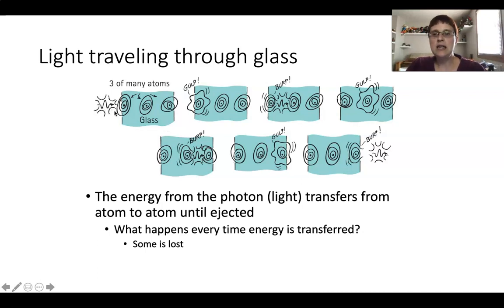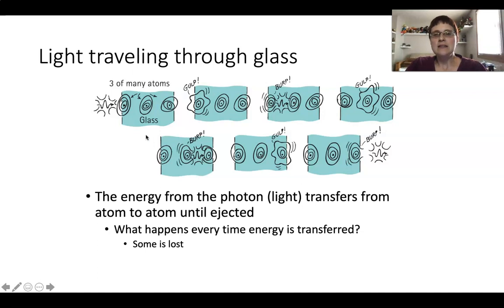It's going to hit an atom. So the atom eats it. I love this little diagram. And then it's going to spit it out and get eaten by the next atom, and repeat until you get to the other side, and then it's going to get ejected out.